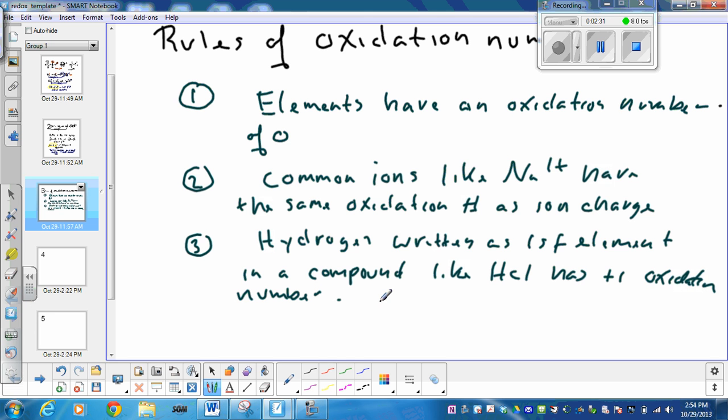There are occasions when hydrogen is written last. Hydrogen. And that would be something like this in a H, where this is called a hydride.